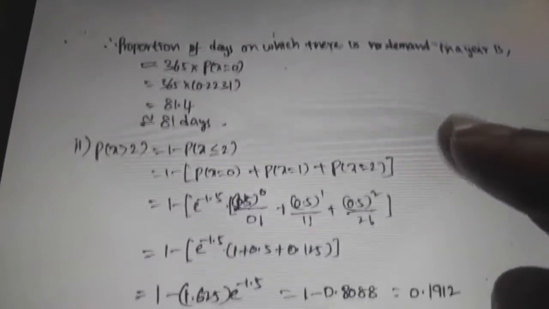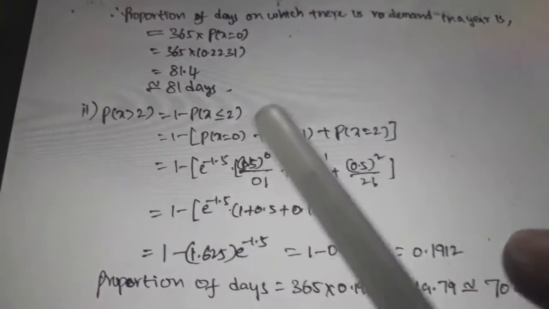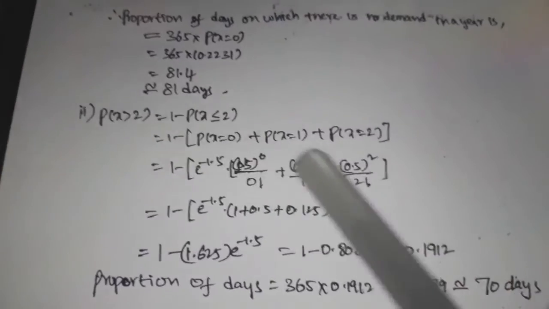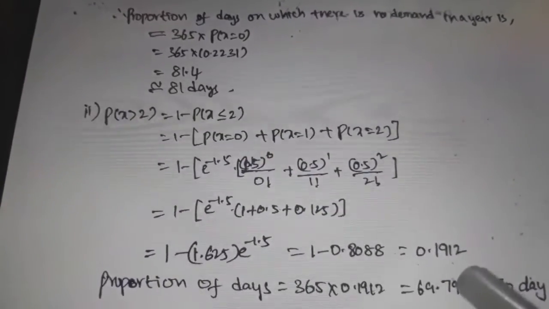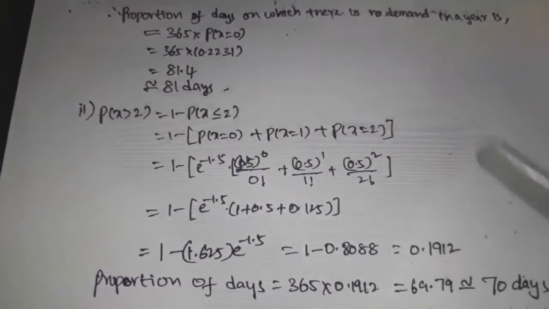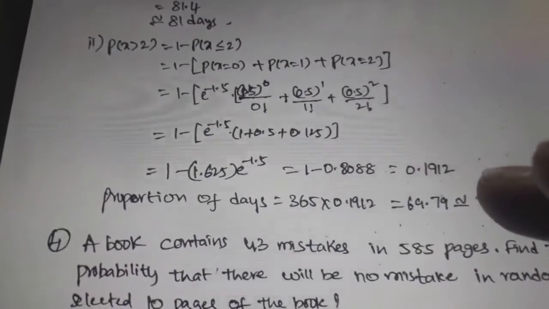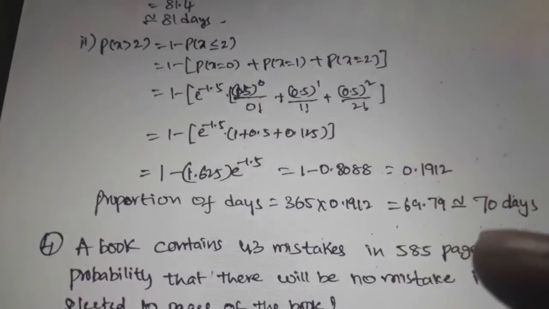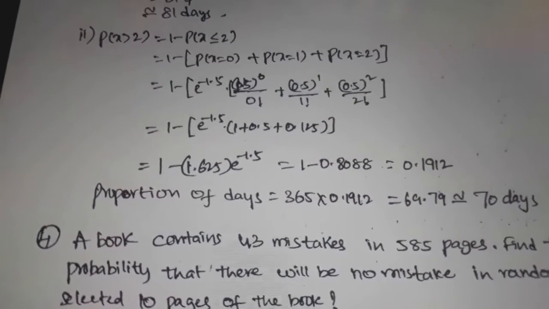Then more demand means P of x greater than 2, which is 1 minus P of x less than or equal to 2, that is 0 plus 1 plus 2. Substitute and simplify. 0.1912 is the proportion of days when cars are over demand; multiply with 365, so about 70 days the 2 cars are not available.